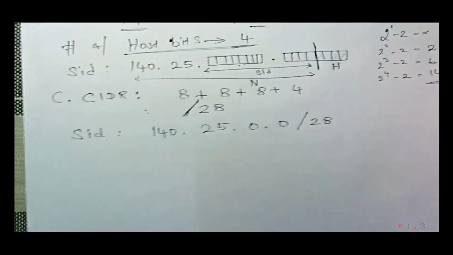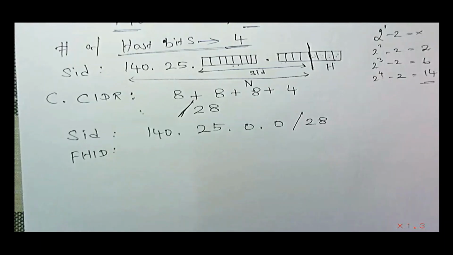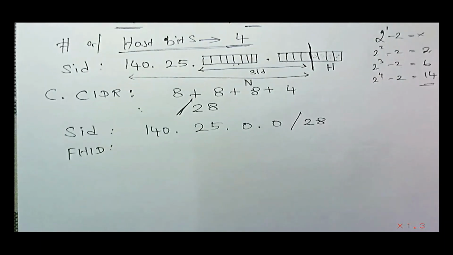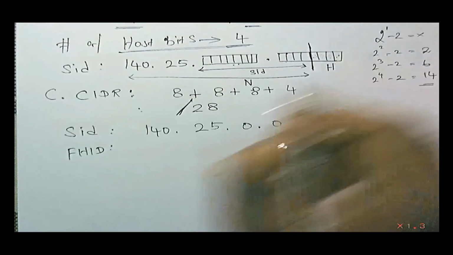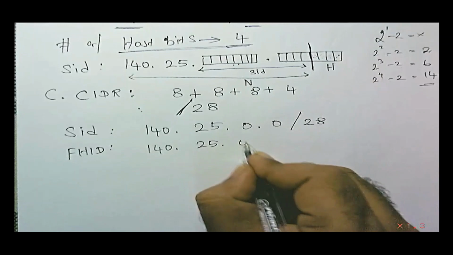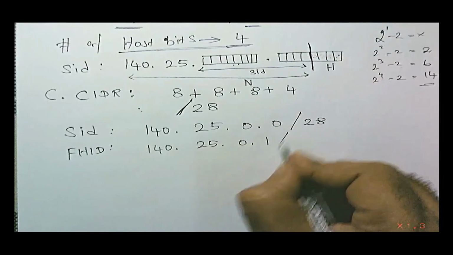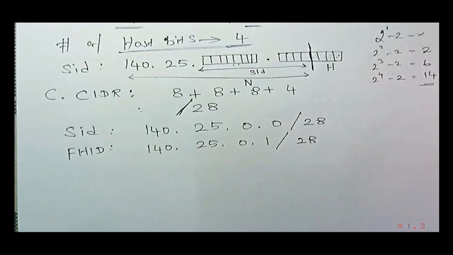Now I'm going for the first host ID. For the first host ID, you have to make the last bit 1. So in that case 140.25.0.1/28. This is going to be the first host ID.